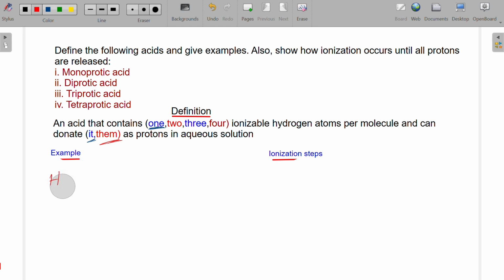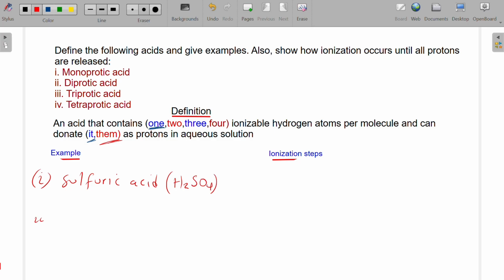Let me start by writing the name. So the first one we are using here is sulfuric acid, and this sulfuric acid has got a formula of H₂SO₄.